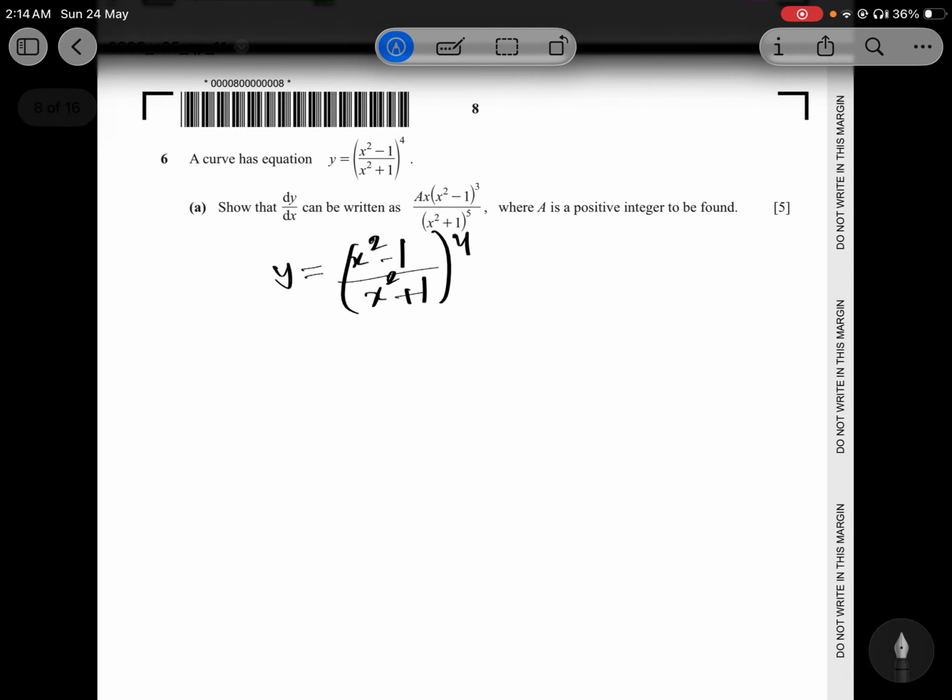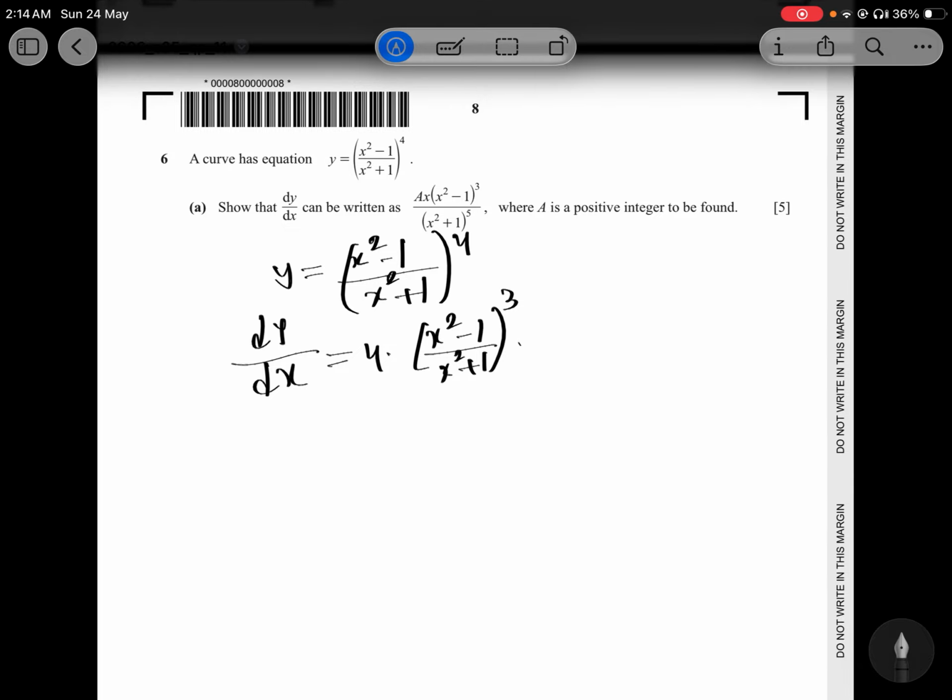So what should I do? At first I'll treat the whole thing as x to the power n. So it should become 4 times (x squared minus 1) over (x squared plus 1) to the power 3.